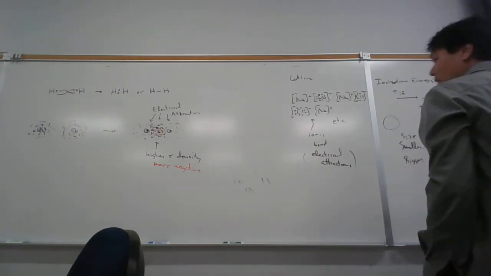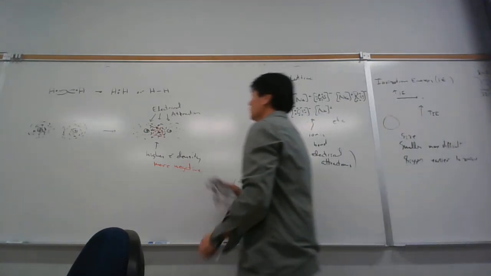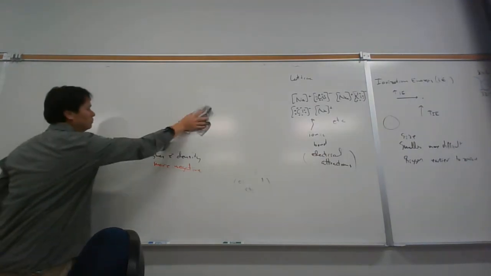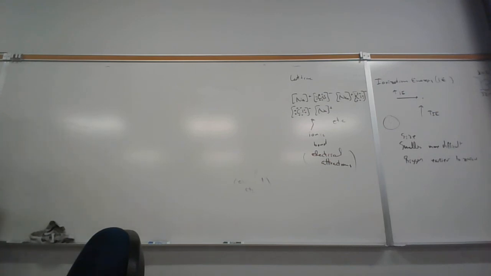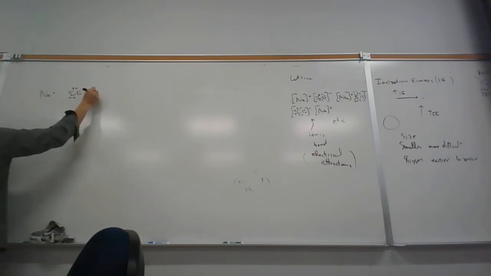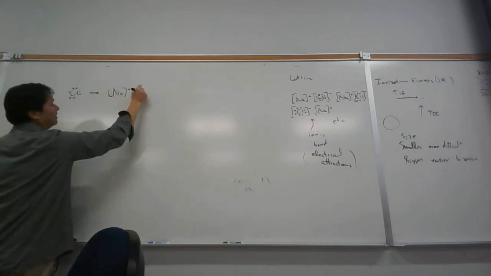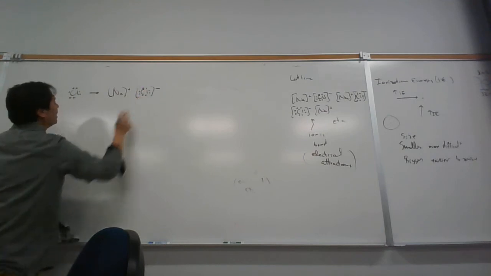Now, we have some scenarios here. If we have sodium and chlorine react, this forms an ionic bond. Like that.